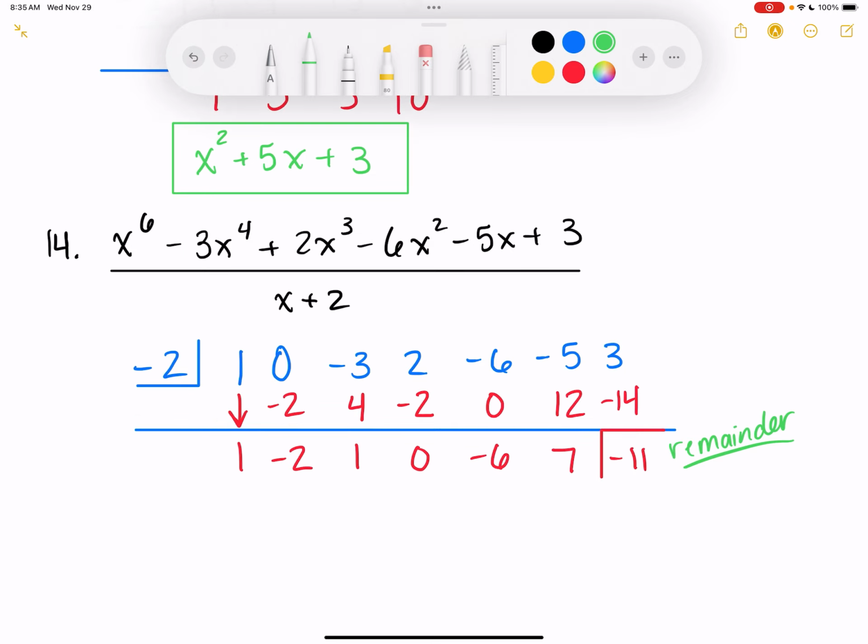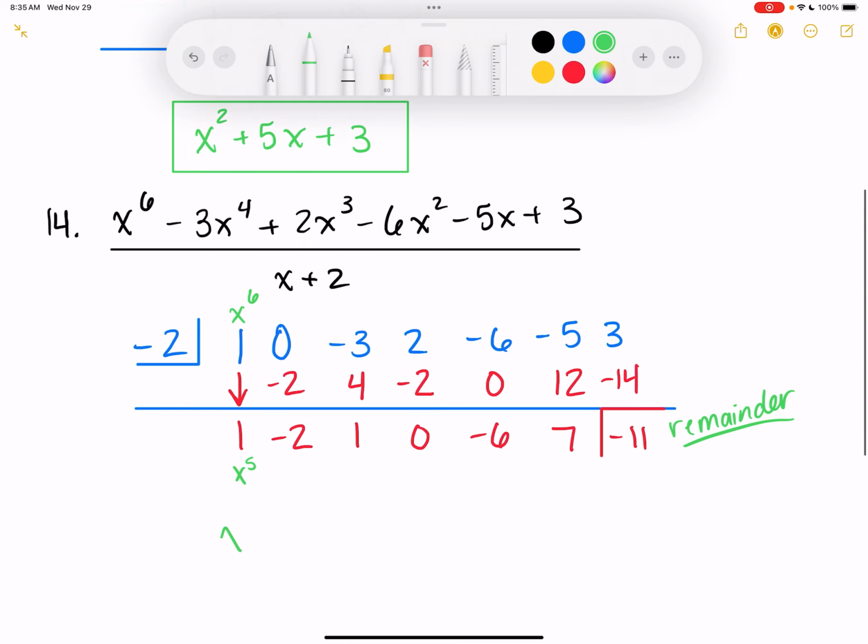So when I go to write my conclusion statement of what this would be equal to, this was an x to the 6th term, so we change it, and now this is an x to the 5th term. So we have x to the 5th minus 2x to the 4th plus x cubed. Since there's a 0 here, I don't need to write the x squared term. I just need to know that I'm skipping x squared when I go to the next thing.